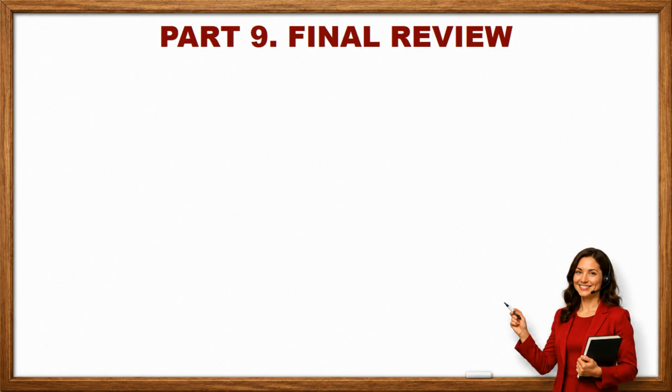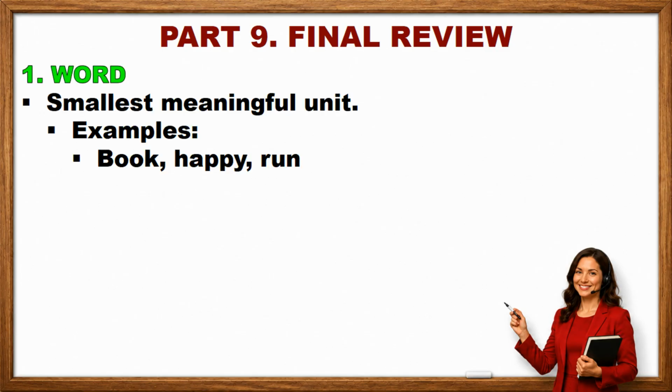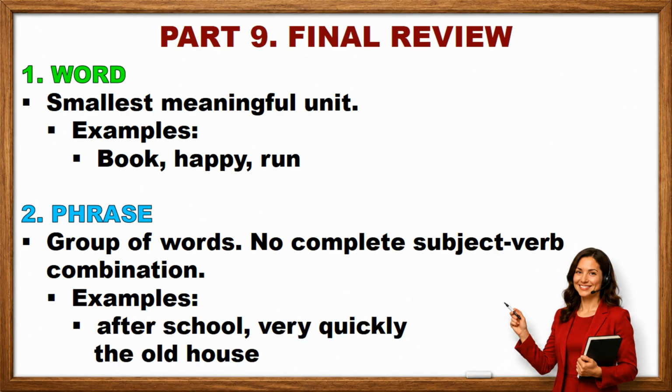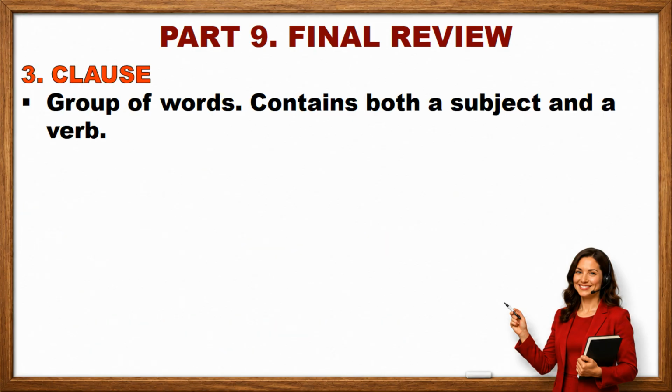Part 9. Final review. Let's summarize. 1. Word. Smallest meaningful unit. Examples: book, happy, run. 2. Phrase. Group of words. No complete subject-verb combination. Examples: after school, very quickly, the old house. 3.